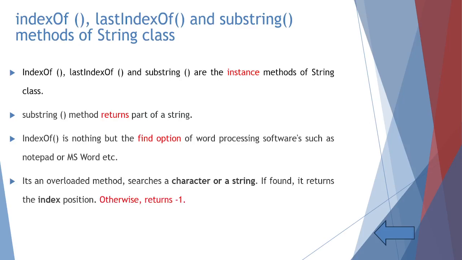That means the same name is given to a couple of methods, 4 methods. indexOf searches a character or a string in the text. If it finds that character or the string, it returns the index position at which the character or string is found. Otherwise, it returns -1. Very important point.